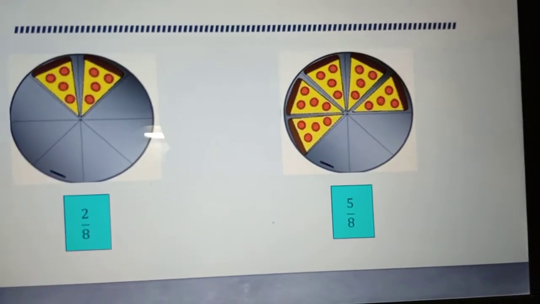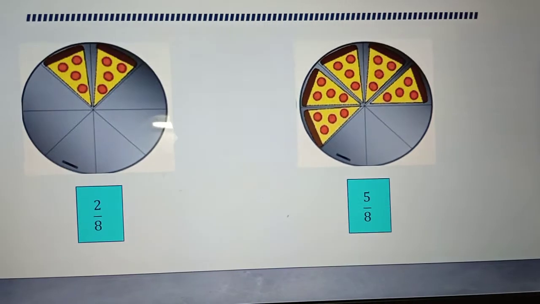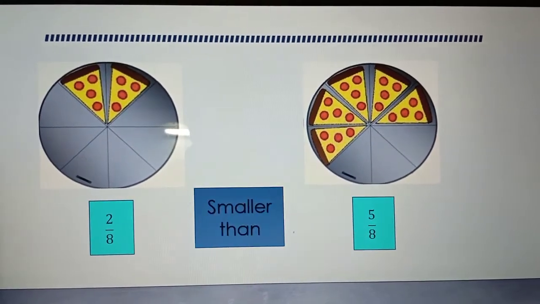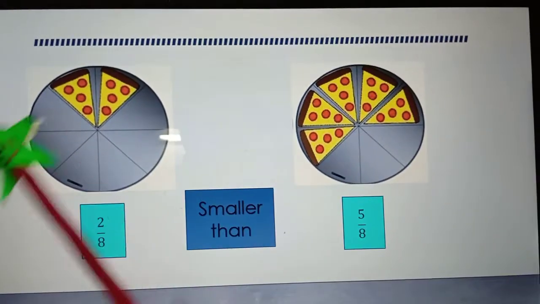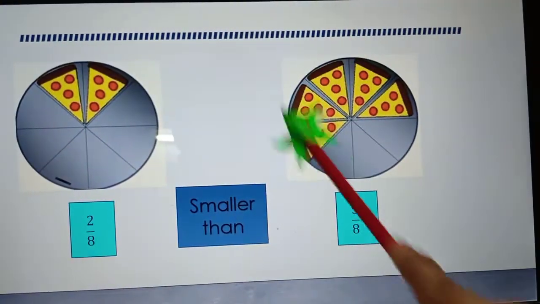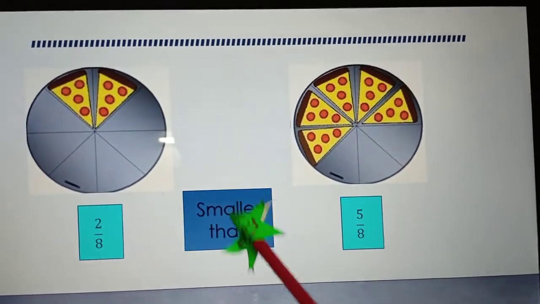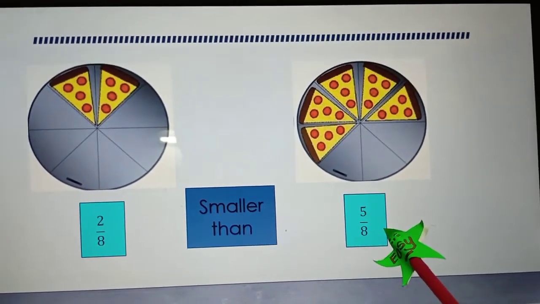Is 2/8 larger or smaller than 5/8? Smaller, right? So less, isn't it? This one more, isn't it? So this fraction is smaller than this one.